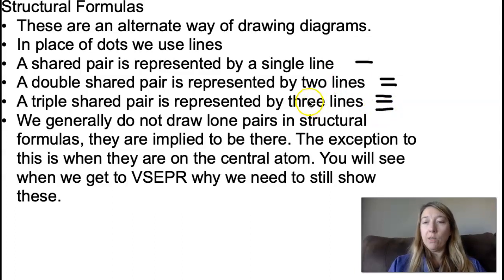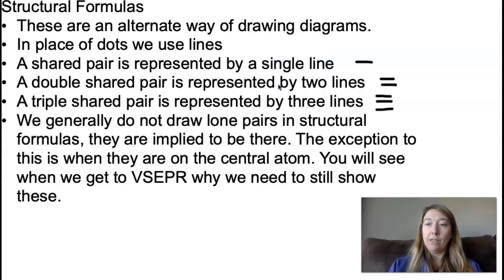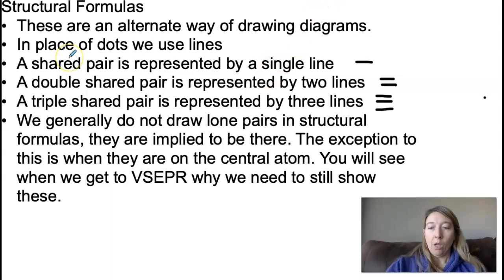Okay, you're going to find that when we do structural diagrams, we generally do not draw lone pairs. The only exception to that would be a central atom. If we had a central atom, we would draw that lone pair there.